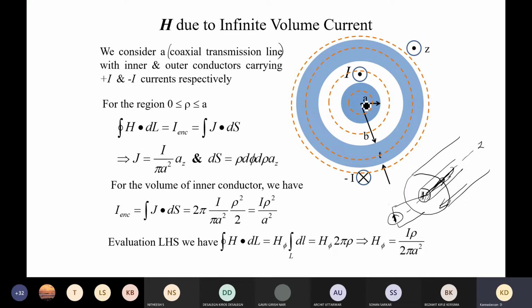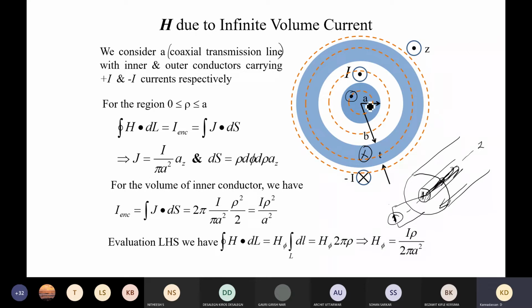For this particular structure, people always say that the current is like this, which means it is going into the structure. Or you can draw it the opposite way, with a cross mark here, and then obviously the outer will be just the opposite of that. So this is the very important thing. There are two different current flows we are supposed to account for in this particular transmission line.